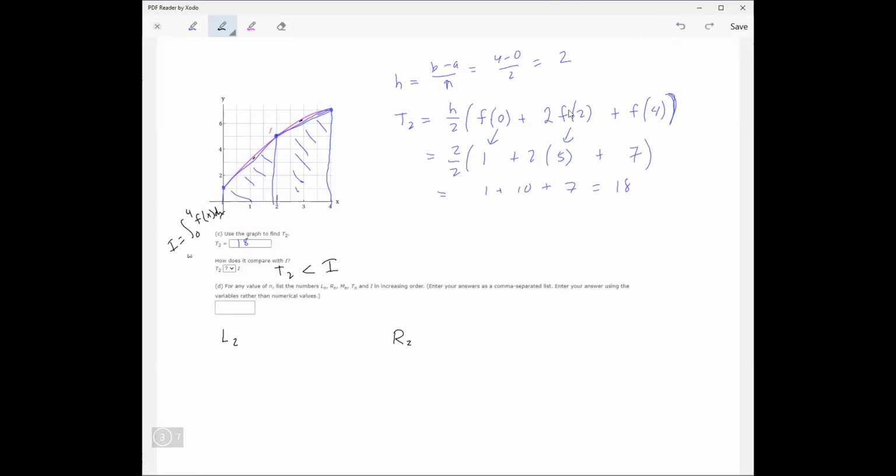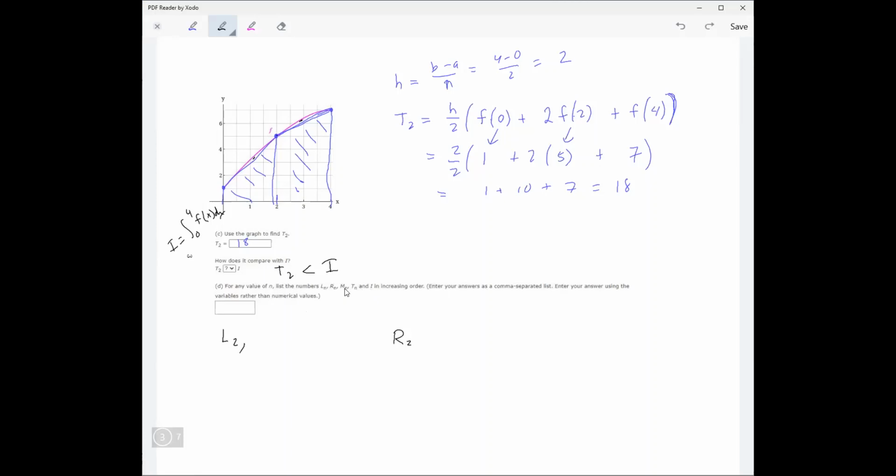Let me see. It says put them in order from smallest to largest, increasing order. So the smallest is L2, because that was just these little rectangles that are down here. The next smallest one is the trapezoid, and then the integral.